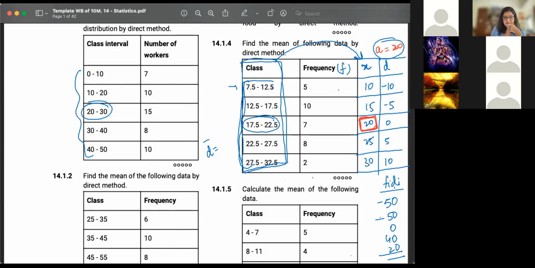Are you sure? Like what formula did you apply for D bar? Fi di divided by fi. Sigma, like sum, right? Yeah. Are we getting it less than 1? So sigma FIDI, like sum of this, what value did you get?